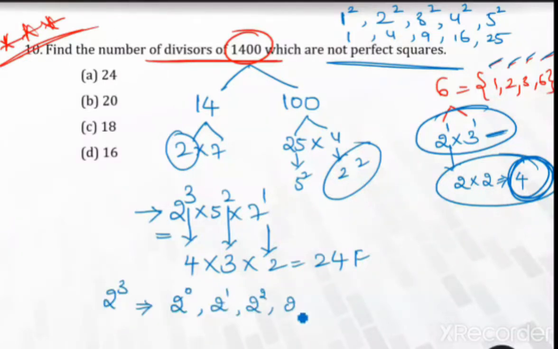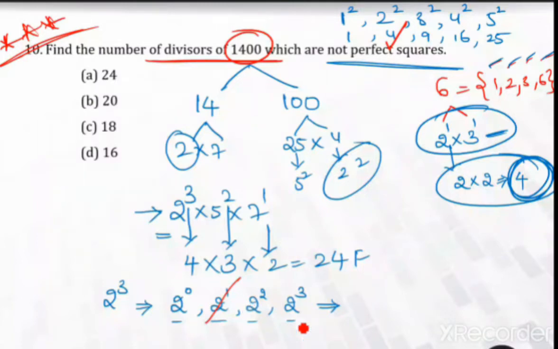Correct. Now which of these powers are perfect squares? 2 power 0 is a perfect square. 2 power 1 is not a perfect square. 2 square will give the result as 4. Yes, 4 is a square.